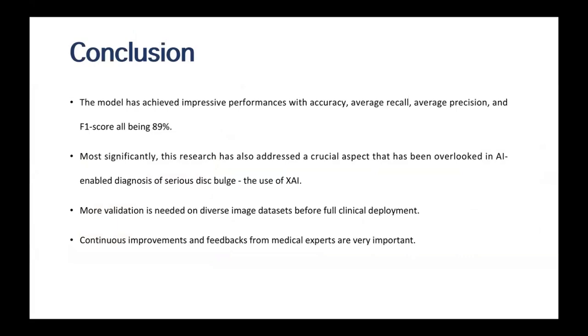So in conclusion, the model achieved impressive performance with accuracy, average recall, average precision, and F1 score all being 89%, which is quite high. But of course, in the medical space, there's always room for improvement as well. Most significantly, this research has also addressed a crucial aspect that's been overlooked in AI-enabled diagnosis of serious disc bulge.